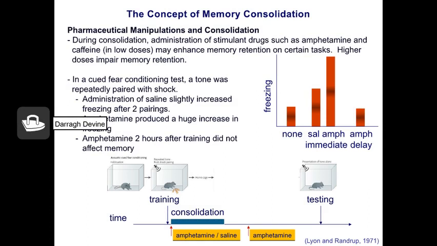Okay, so a few more methodological considerations. First of all, it's very well established that administration of substances with stimulant actions, like cocaine, caffeine, amphetamine, during consolidation, can enhance cognitive performance and memory retention on a variety of tasks.